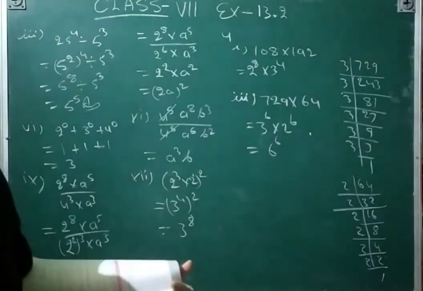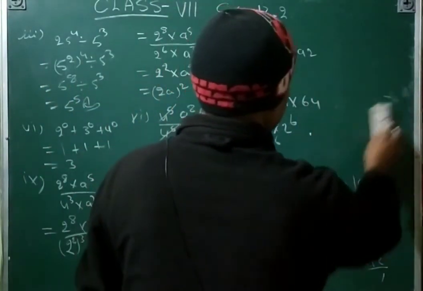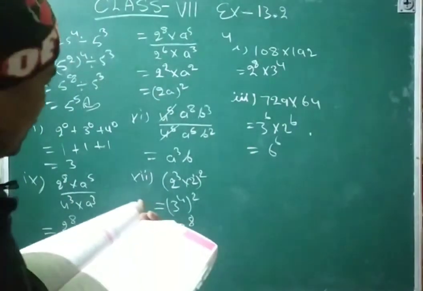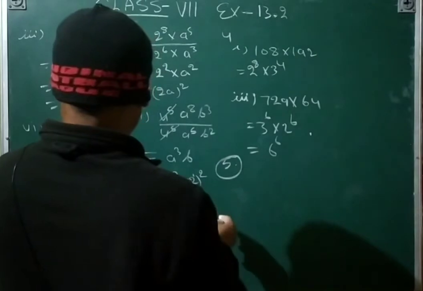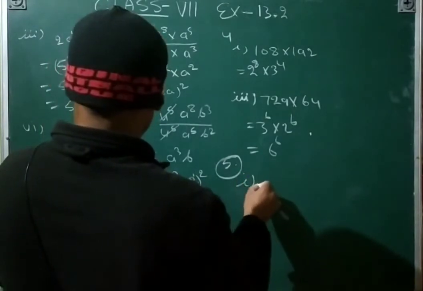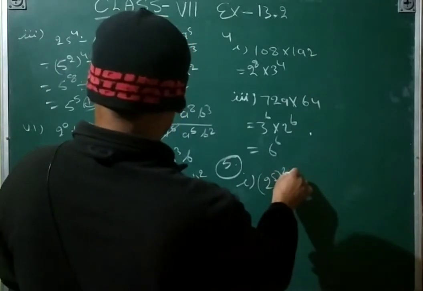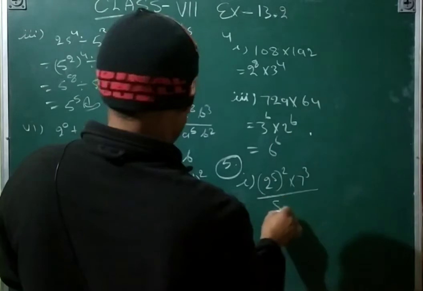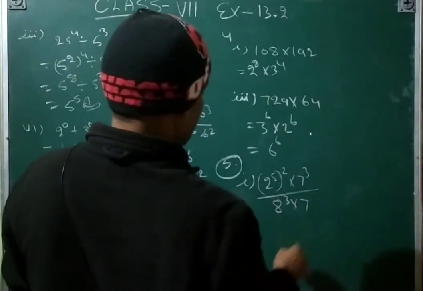And then fifth question, that is the simplify. And then last part you can do, no problem will be there. Simplify: first part is that 2 power 5 power 2 into 7 power 3 upon 8 power 3 into 7.